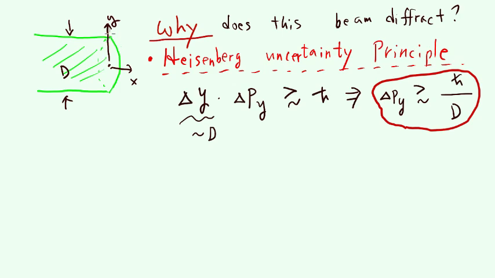So some photons are going straight to the right, then there are some photons going to the right and up, and some photons going to the right and down, and so on and so forth.